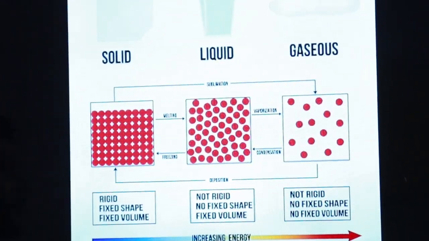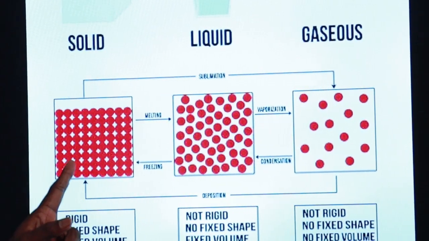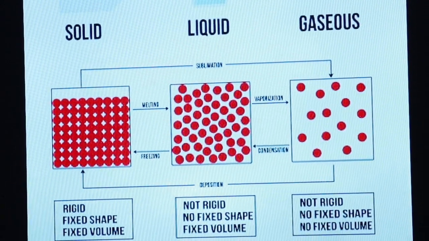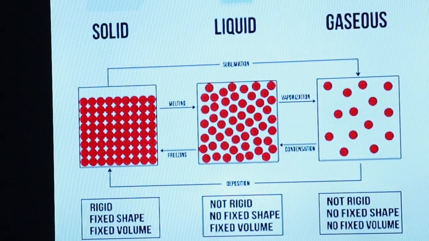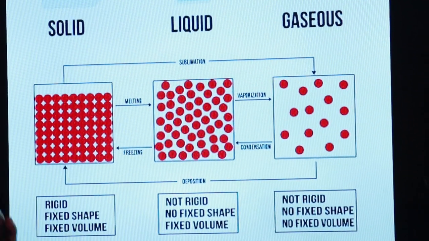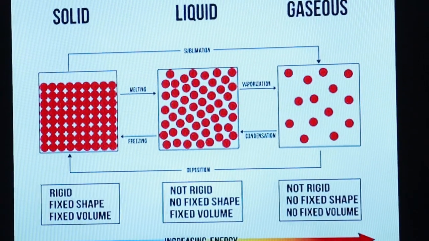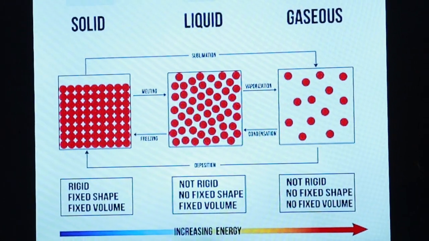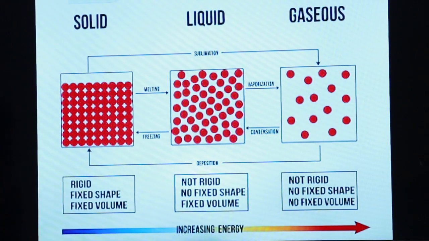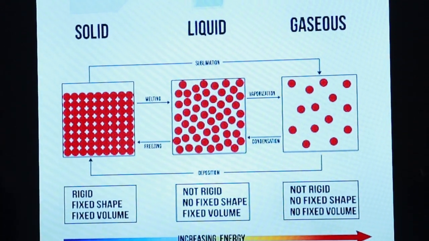You can see here the molecules are tightly packed, so there is no space to move inside, so the solid particle gets a particular shape. Next, the force of attraction between the molecules. In the solid state, the molecules are arranged very closely, so the force of attraction is very high.